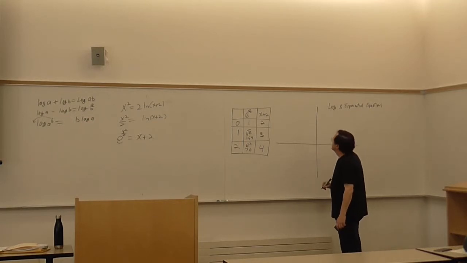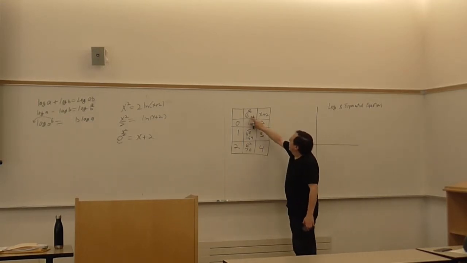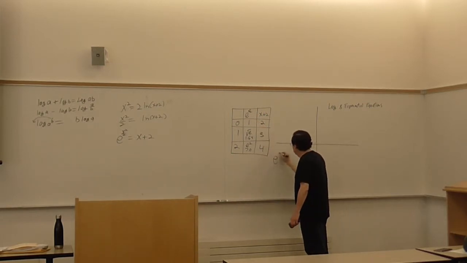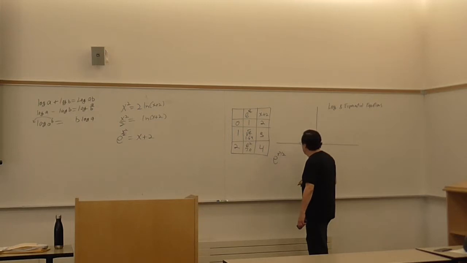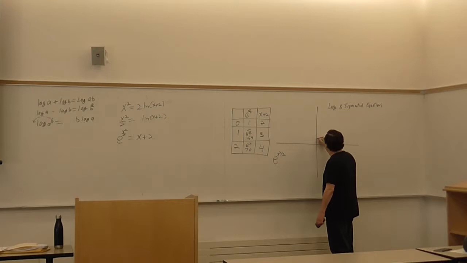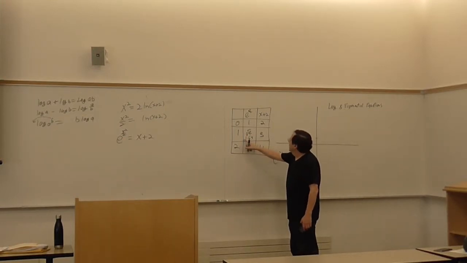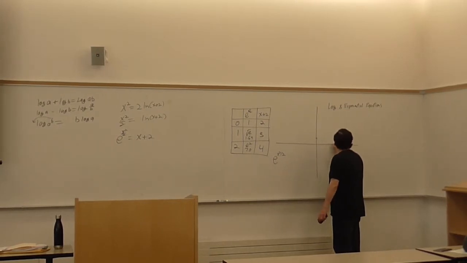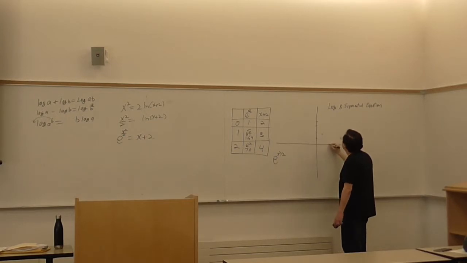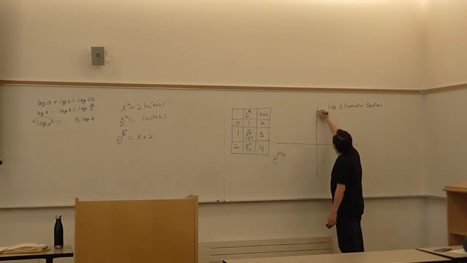Okay. I want to graph this one first. E to the x squared over 2. Let me just throw a few points out here. 0, that's 1. 1 is 1.6, and then 2, that's 1, 2, 3, 4, 5, 6.